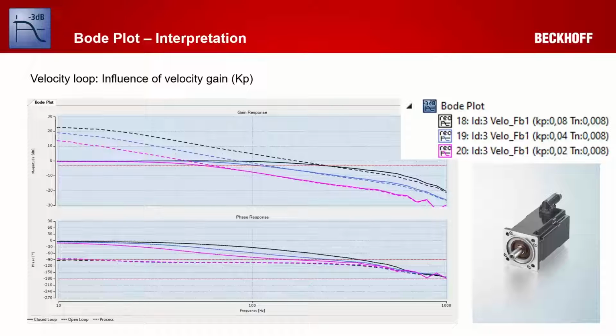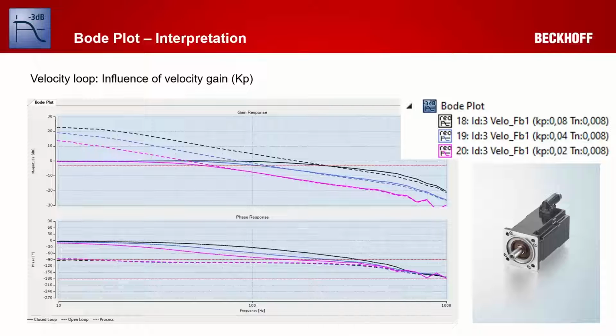Maybe you remember the best is to have a ratio of 1, transferred to the logarithmic format, 0 dB. And as you can see, for example for the magenta curve, the closed loop, this is the line starting at 0 dB. It means the motor is reacting perfectly up to maybe 30, 40 Hertz, and then this curve is dropping down.